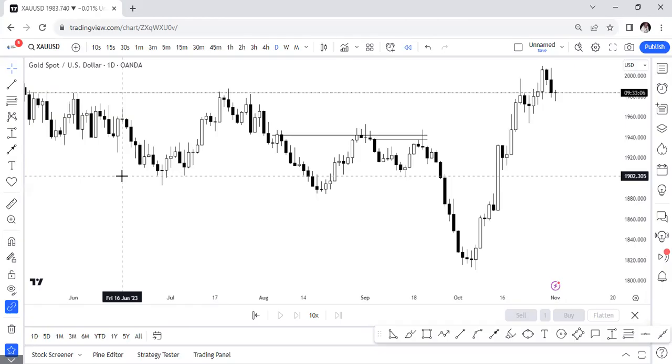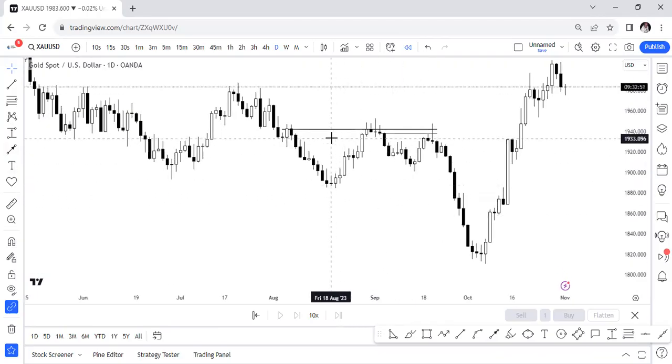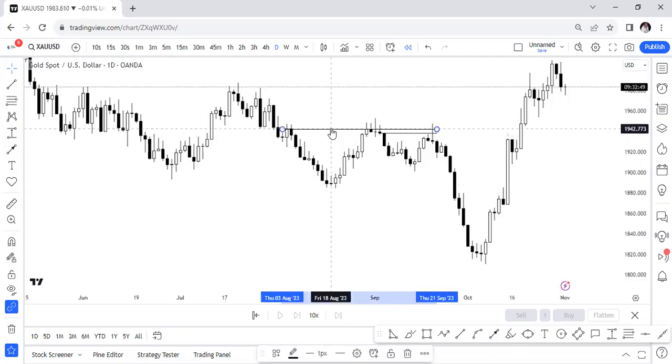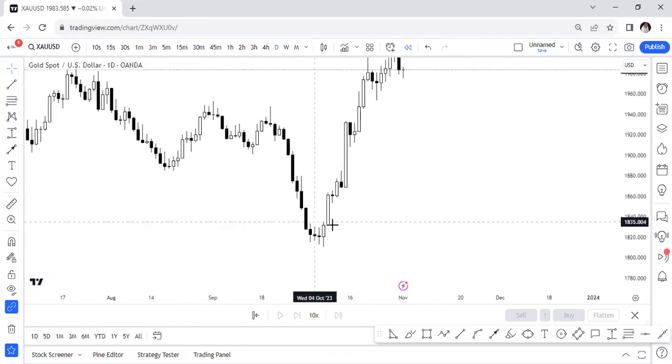You can still enter by using Quasimodo, when price pulls back to the apex, sees an SNR and gets rejected. That's where you strike your deal for sell or buy. So that is for the DC.